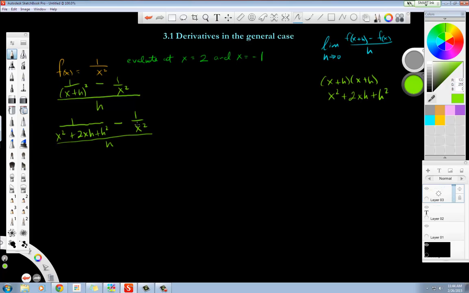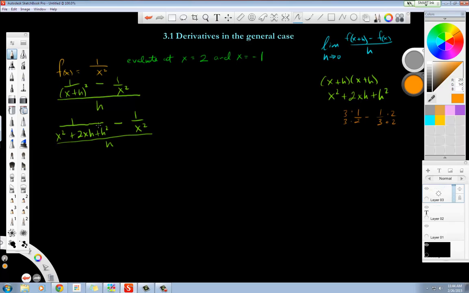All right, at this point, we are going to have to deal with this common denominator issue. So, just to review, if we had two fractions and they were, say, 1 over 2 minus 1 over 3, and we knew our denominators were going to become 6's, well, I would multiply the top and bottom of this by 2 and the top and bottom of this by 3.